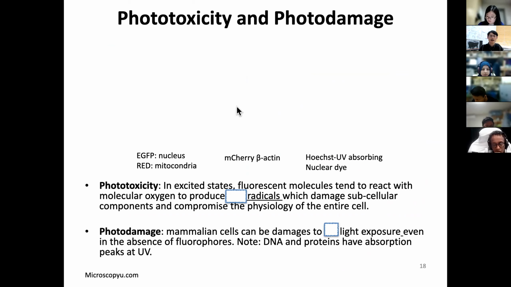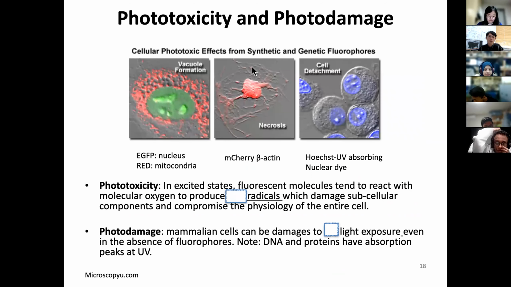And the last topic I want to explain is phototoxicity and damage. This is why excessive light is also not good, because you can kill the cell. You know, vacuole formation, you can cause necrosis. There are concepts of phototoxicity, especially since the fluorophore itself can be toxic too.